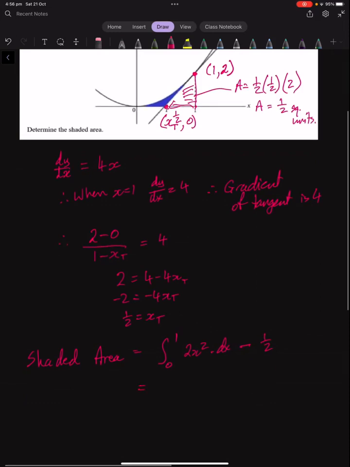Now, if I do the integral of this, I'm going to have 2x cubed over 3, substituting in the 1 and 0 in a second, and then I'm going to subtract a half. Well, when I substitute in 1, I just get 2/3. Substituting in 0, I get 0. I still have to subtract a half at the end. 2/3 minus 1/2 is 1/6, so it's 1/6 of a square unit. And that's our shaded area.